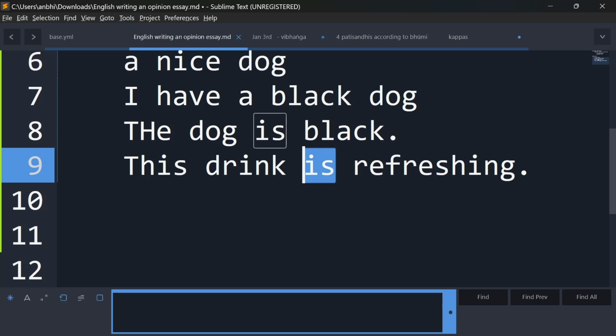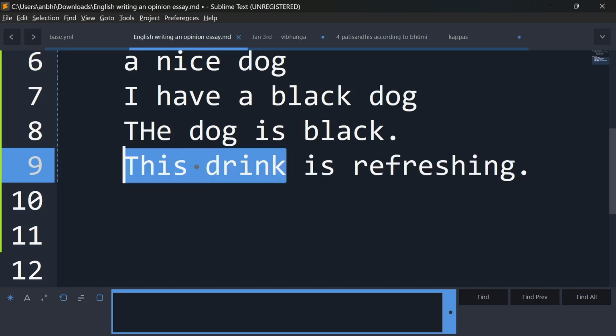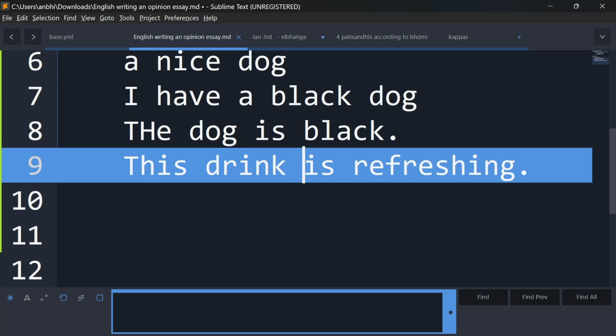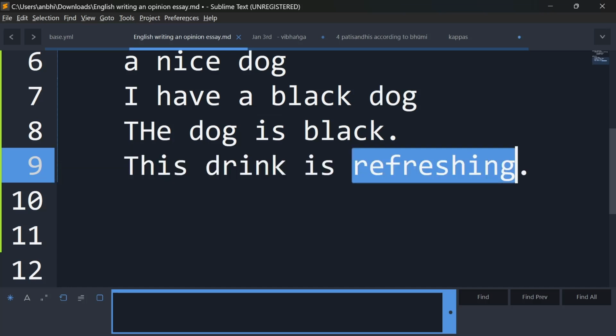If you look at the verb is, what is the drink? So this question, what is, or who is, depending if it's a person or a thing, then we'll answer what the subject is. So the subject here is this drink. Okay, this drink is refreshing.